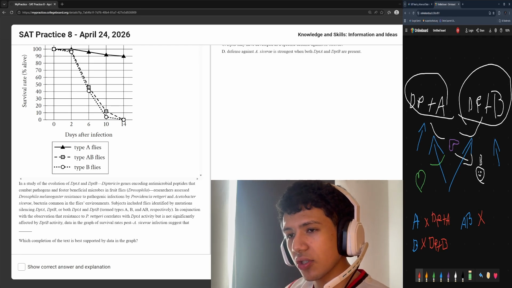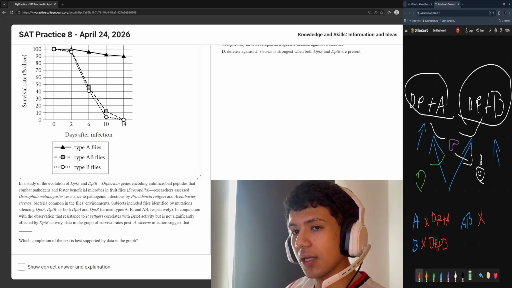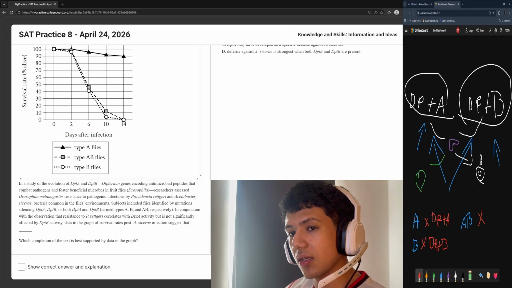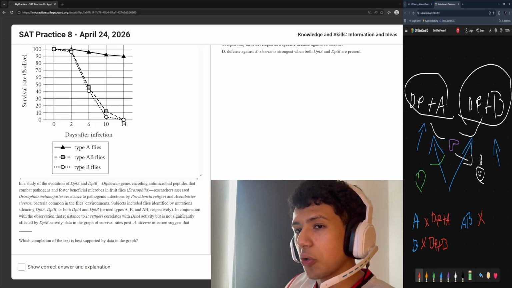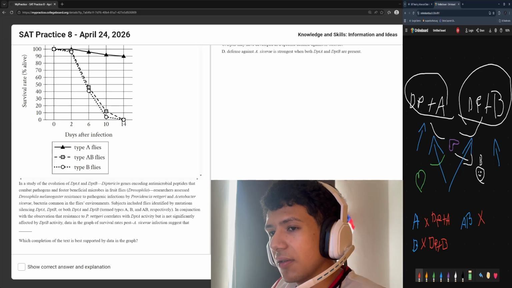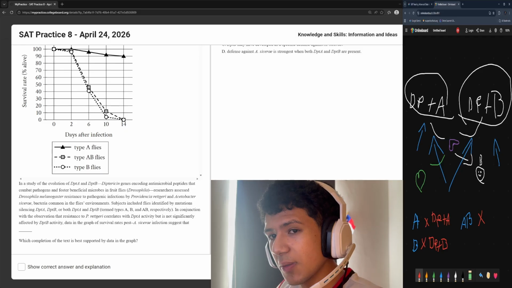Now it says in conjunction, like together with the observation that resistance to P. reitgeri, that's one of the bacteria, correlates with DPTA activity, but is not significantly affected by DPTB activity.